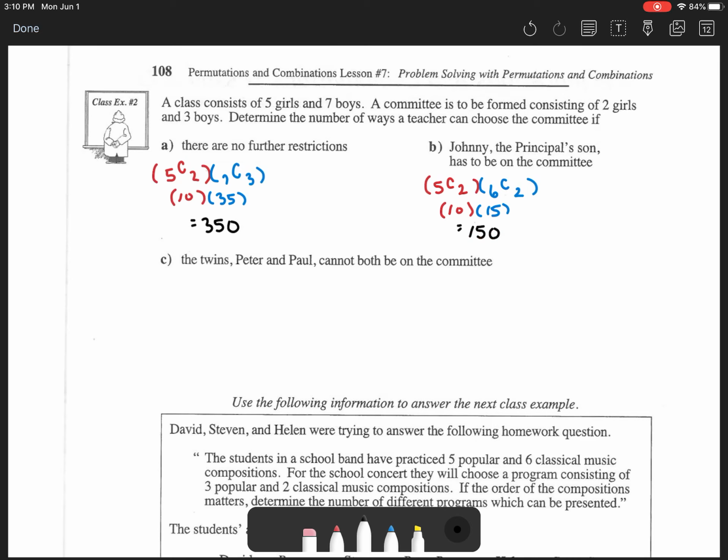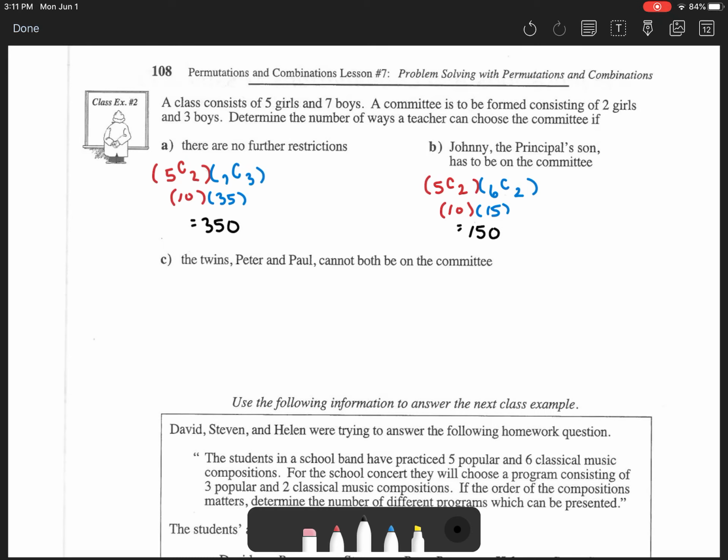So what I'm going to do in C: it says the twins, Peter and Paul, cannot both be on the committee. What I'm going to do in this one is use the complement. Do you remember what the complement is? You take all the ways that something can happen and subtract what you do not want.